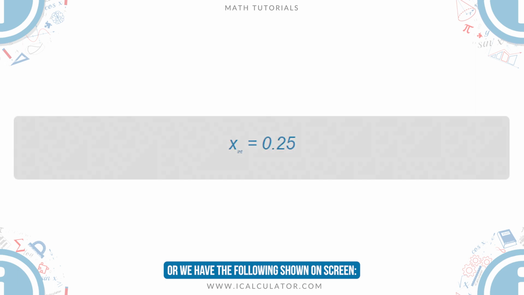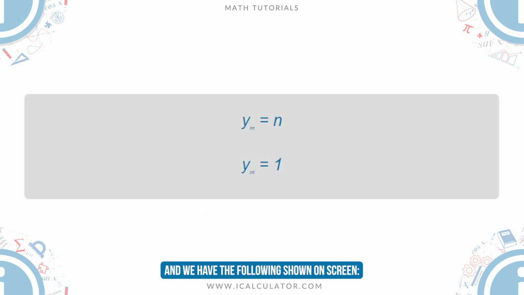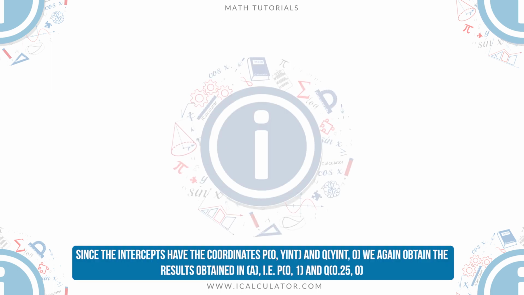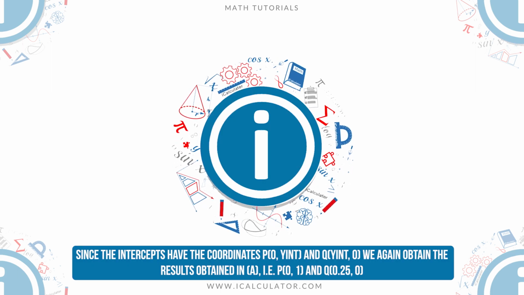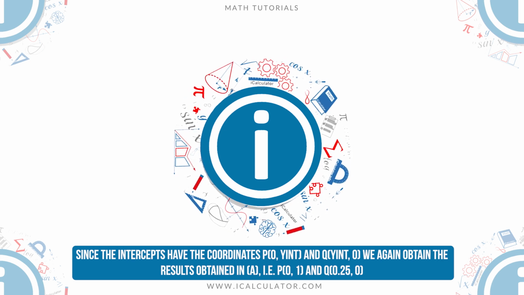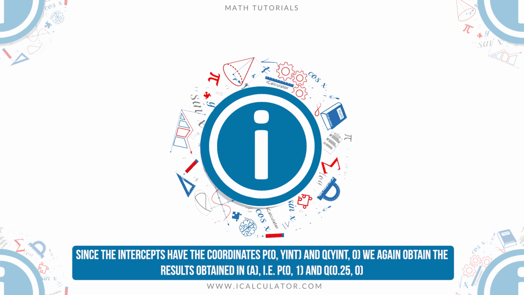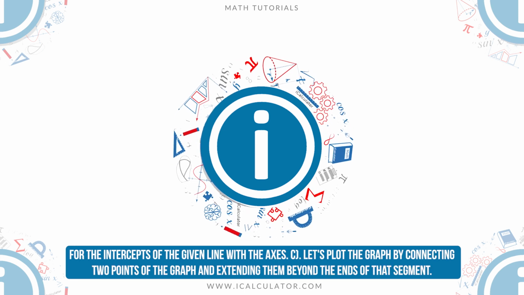And the following. Since the intercepts have the coordinates P(x_int, 0) and Q(0, y_int), we again obtain the results obtained in A, i.e. P(0, 1) and Q(0.25, 0), for the intercepts of the given line with the axes.